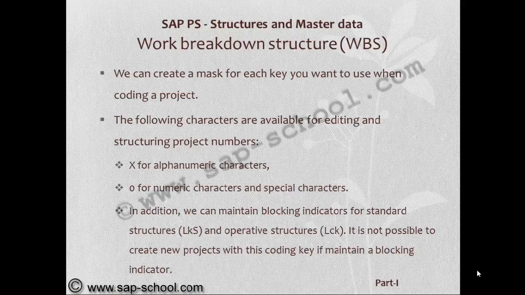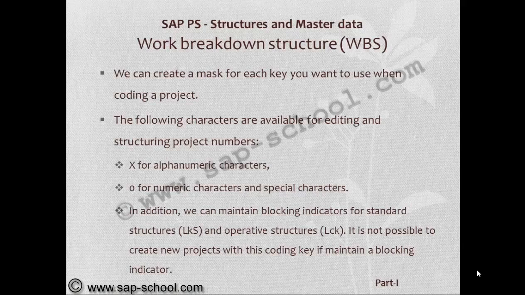The following characteristics are available for editing and structuring project numbers: X for alphanumeric characters, O for numeric characters, and special characters. In addition, we can maintain blocking indicators for standard structures and operative structures.